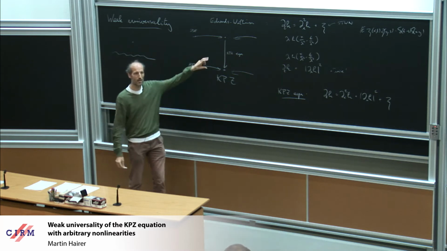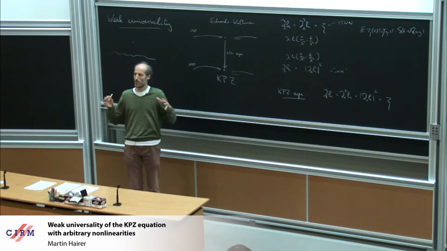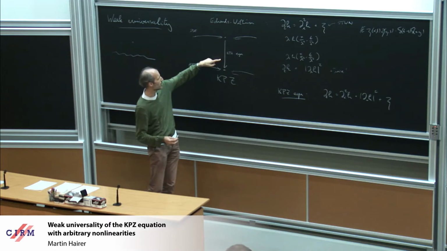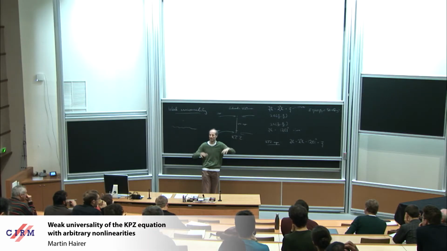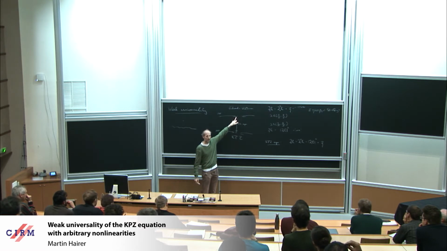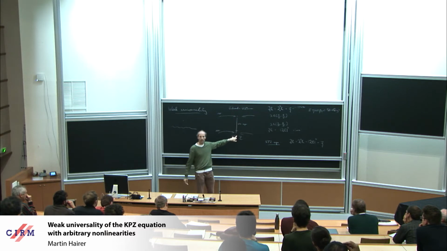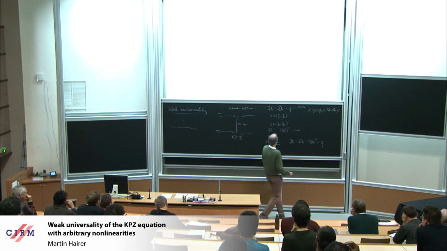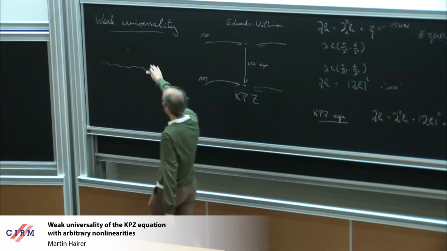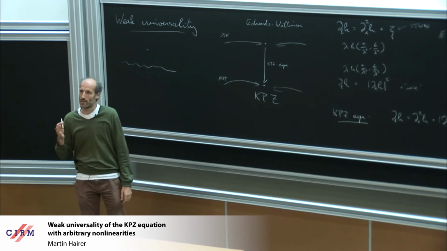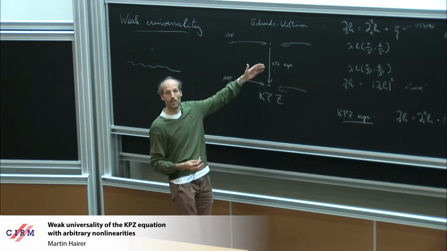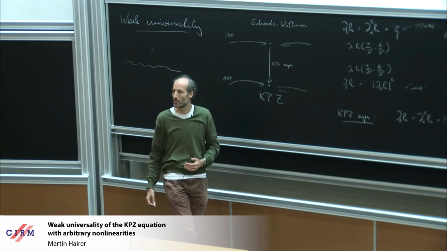And so this is a model which has the property that if you zoom in, meaning going sort of backwards in these arrows, since the direction of the arrow is zooming out, okay, so if you zoom in, it moves back to the Edwards-Wilkinson fixed point, and if you zoom out, you move to the KPZ fixed point. Okay? And now the weak universality of the KPZ equation, if you want, relates to the conjecture that it's the only model that has this property.